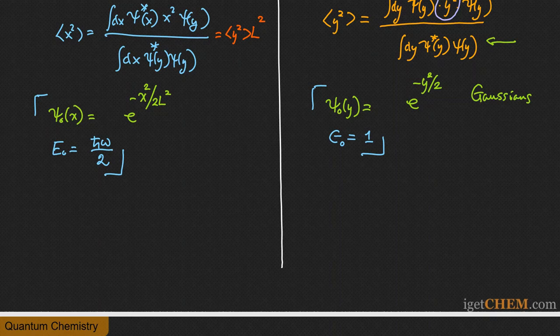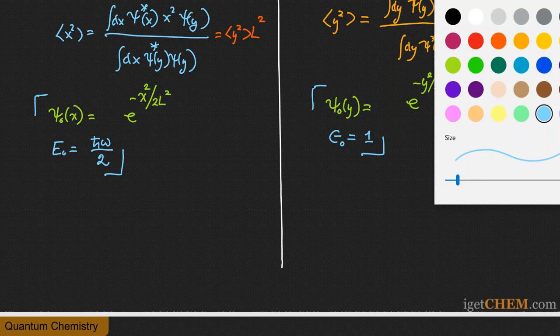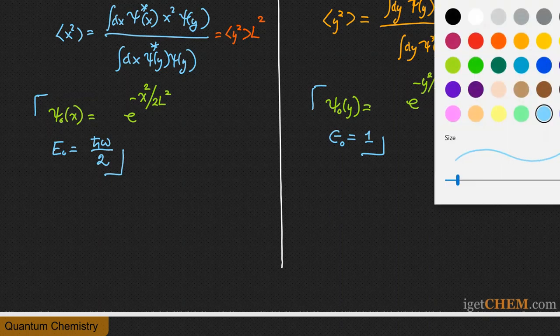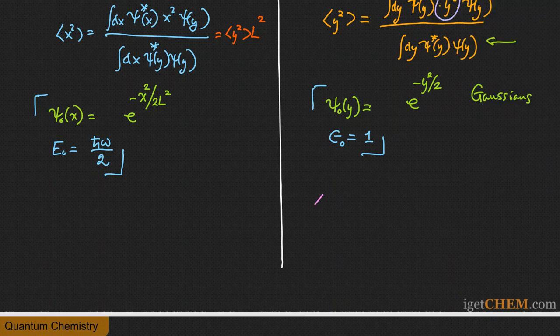So what we are going to do now is calculate the expectation value of y squared. This is a fairly simple calculation because of these Gaussian integrals. Basically, y squared is equal to, now I'm going to put in the Gaussian function, and this is measuring y squared.